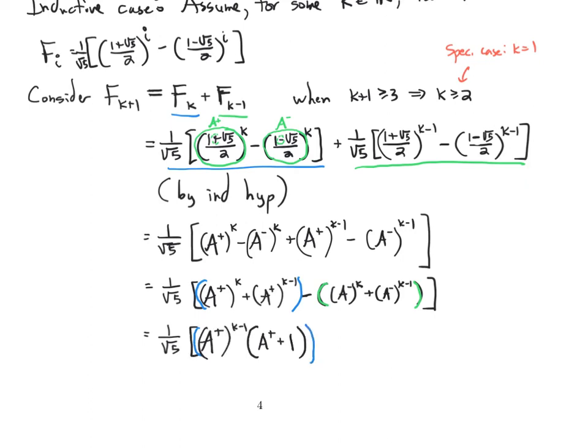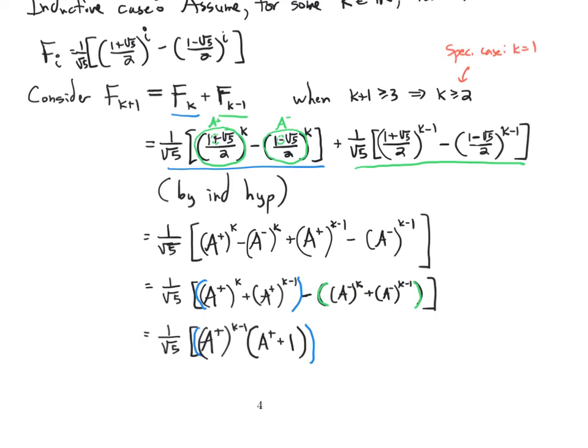So that's what's going on there. So I factored out an a plus to the k minus 1. You can check if you multiply back. Here we have a plus to the k minus 1 times a plus. So we have k a pluses first. And then we have a plus to the k minus 1 times 1 is a plus to the k minus 1, of course. So that takes care of the first term here.